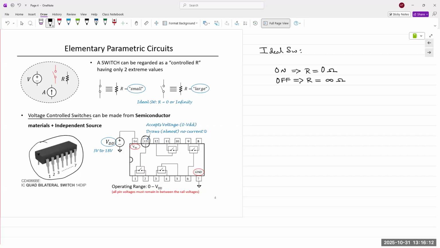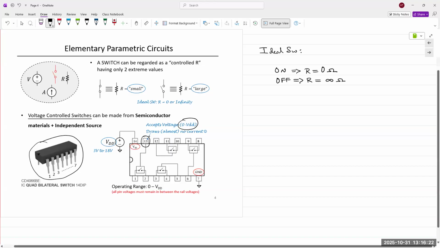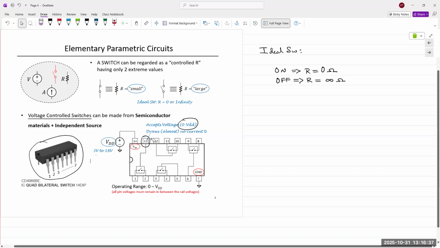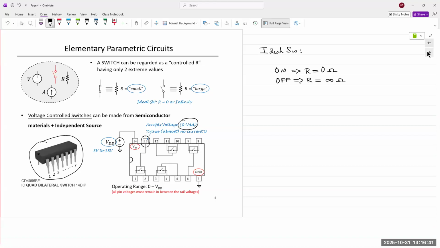The voltage applied to pin number 13 must be between 0 and VDD. Here it lists 3 volts to 18 volts. Typically, if it's digital, we'd stay between 0 and 5 volts, but the chip is designed to accept all the way up to 18 volts. So that's a voltage control switch.